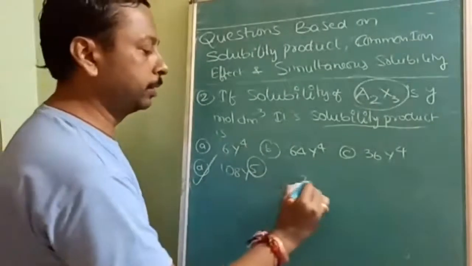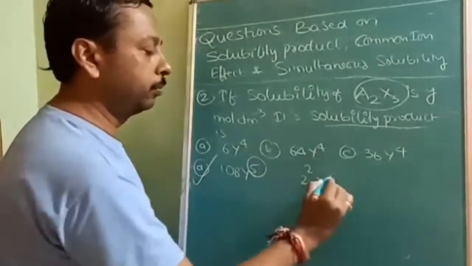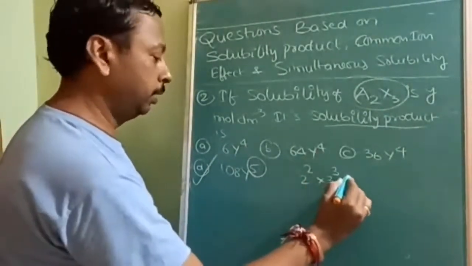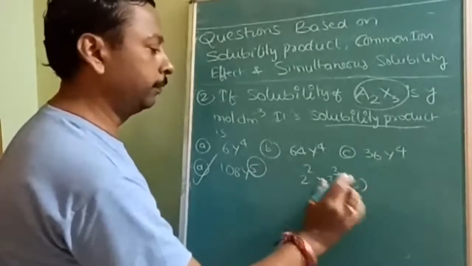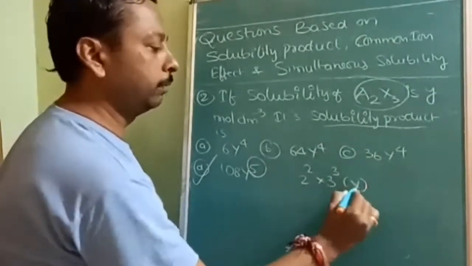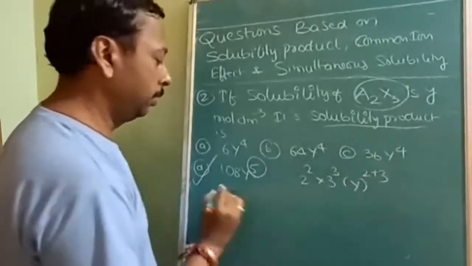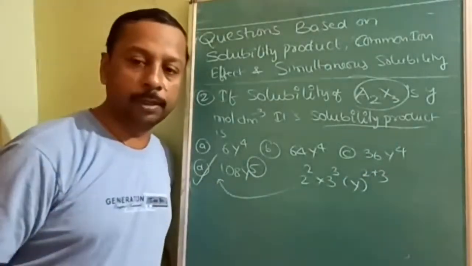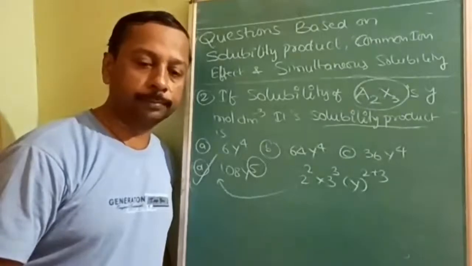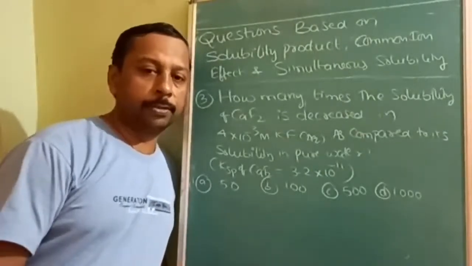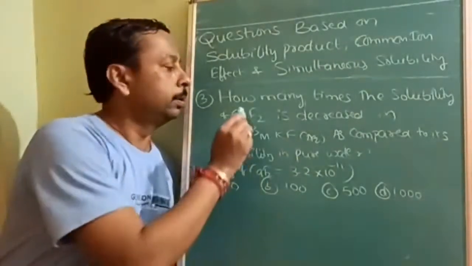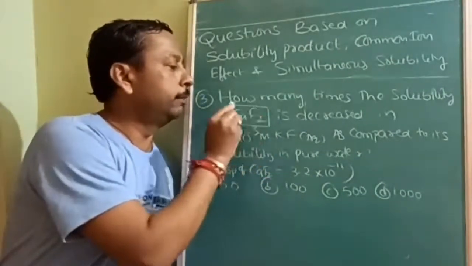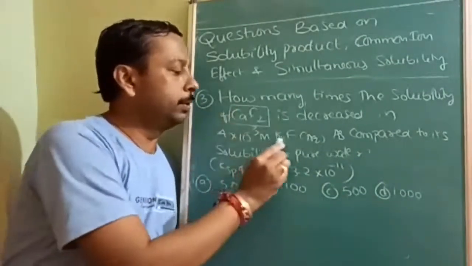But for cross checking, 2 to the power of 2, 3 to the power of 3 into S to the power of 2 plus 3. So on simplifying, you will get D option.